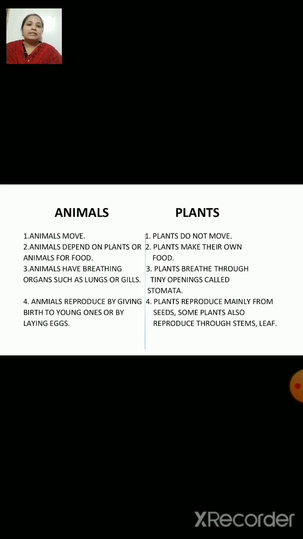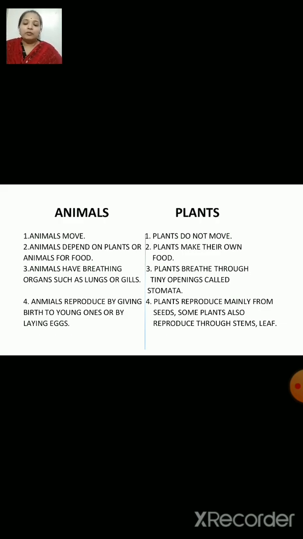The insects like grasshoppers and cockroaches, they breathe with the air holes in their bodies. And what about plants? Yes, plants breathe with the help of stomata. They have small openings on the underside of the leaf which help them breathe.